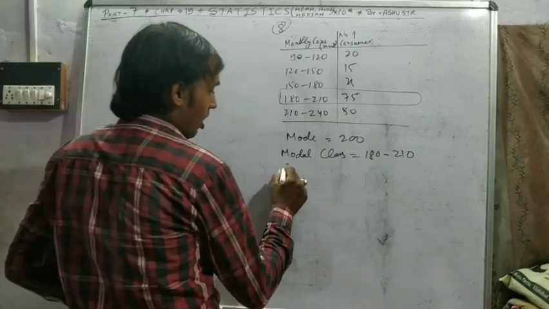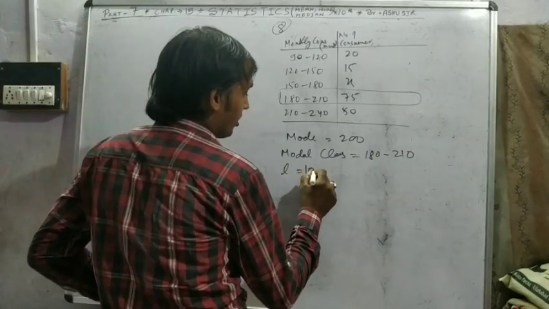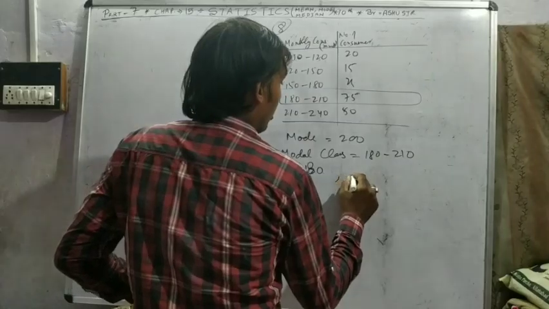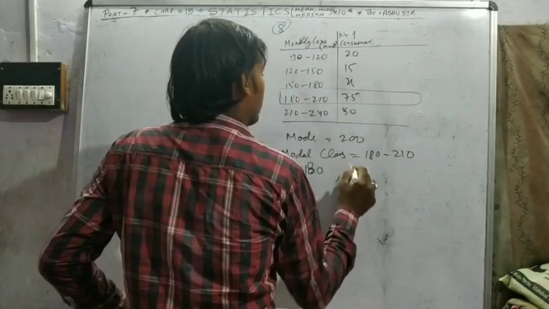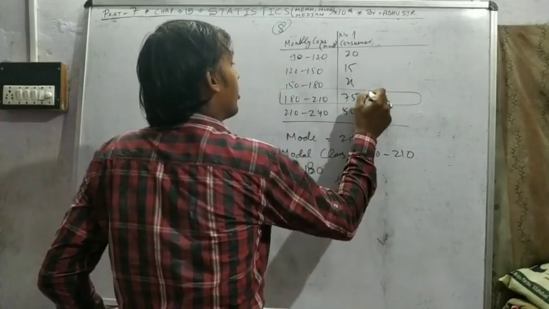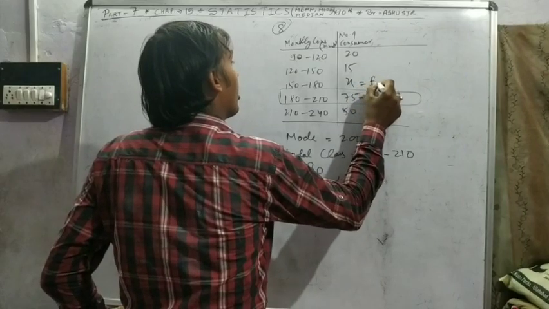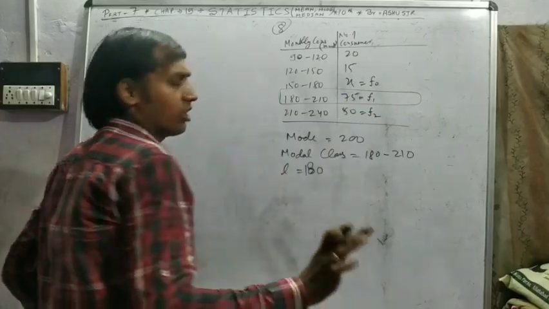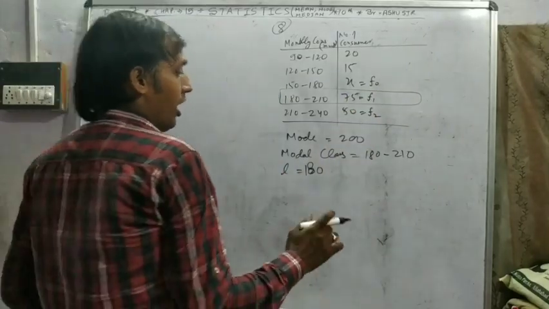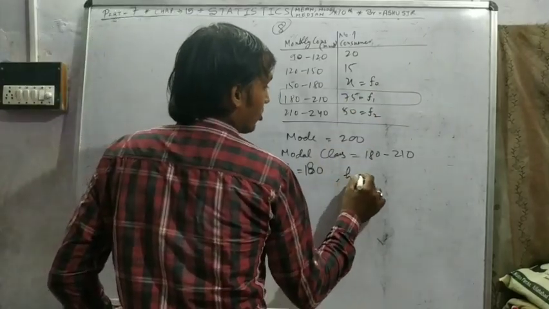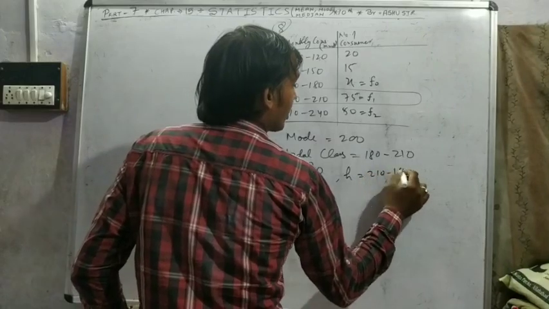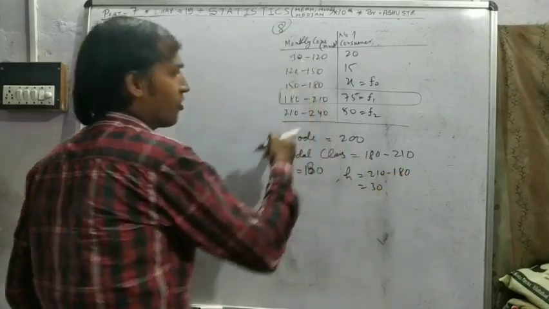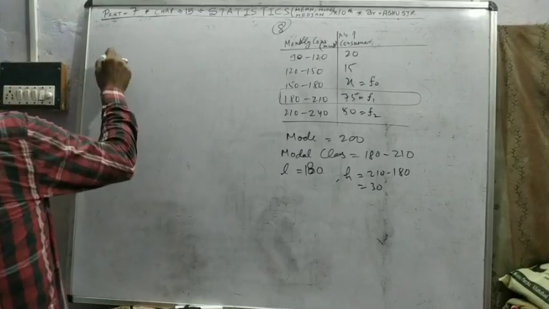So you can find L, 180, and f1, f0, f2. You can show that here, no problem. And find h: 210 minus 180, 30. Then what is the formula to find the mode?